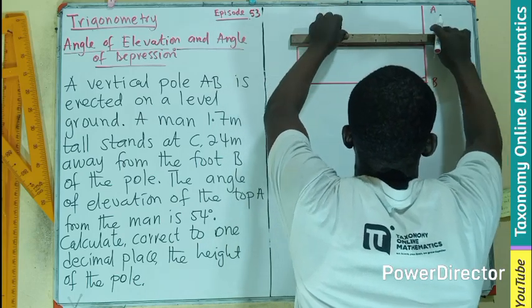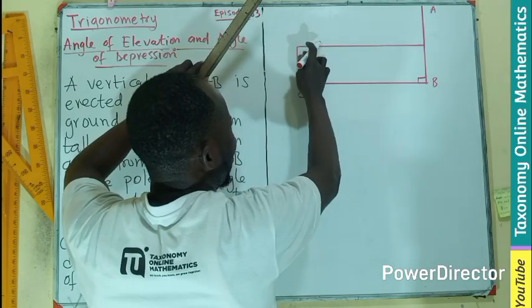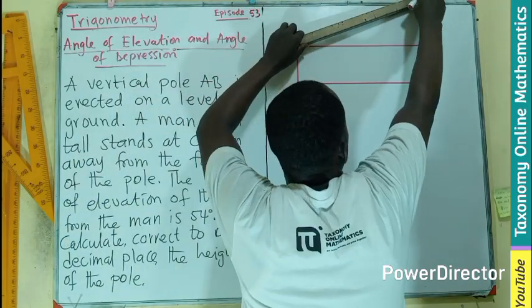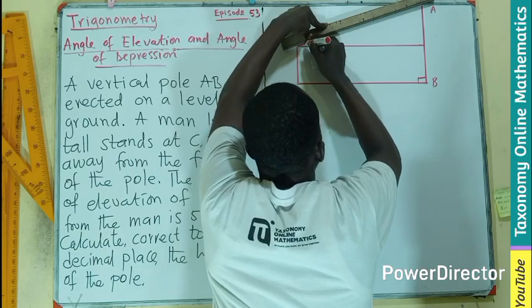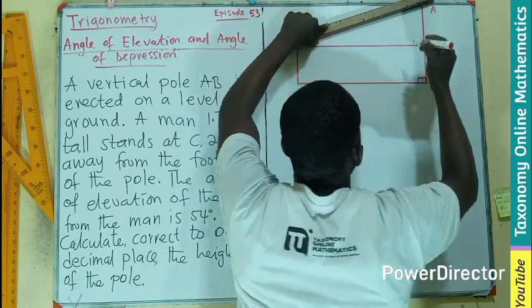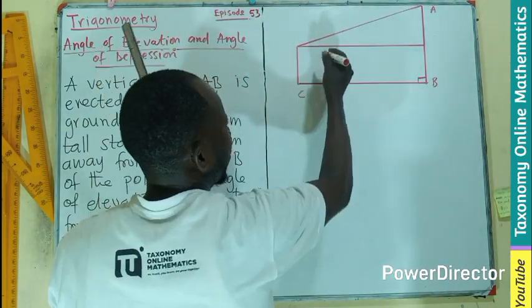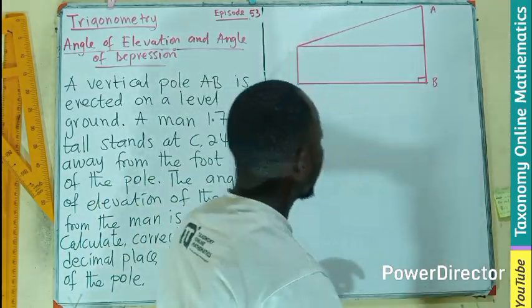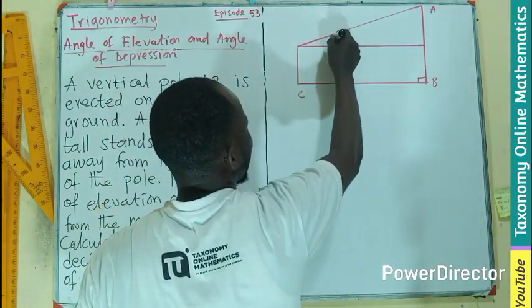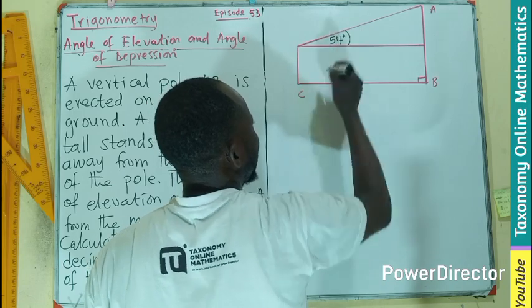So that eye level will form a horizontal line. The eye will now be raised at a certain angle to find the top of the pole. So that angle is what we have been given as 54 degrees. So I can indicate here my 54 degrees.